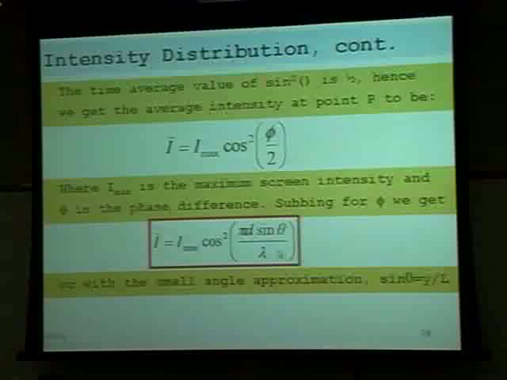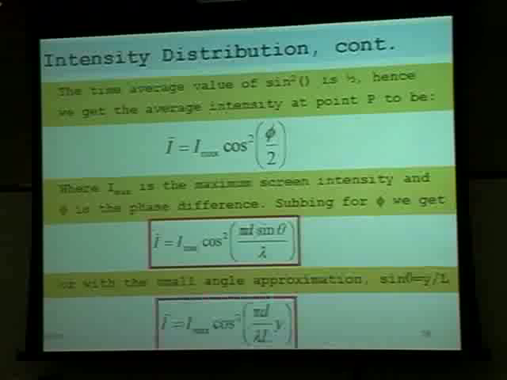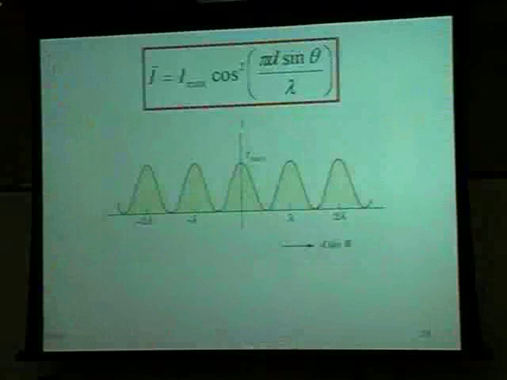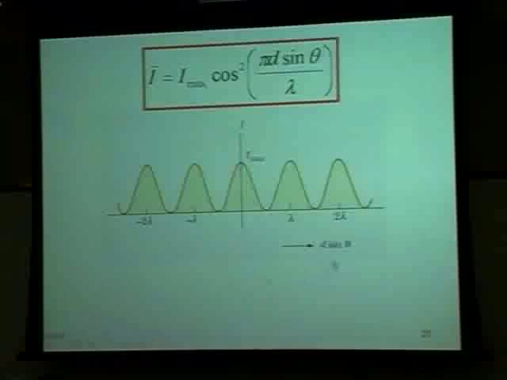Or if we use the fact that in the small angle approximation sine theta is equal to y over L, substitute that in, and we get average intensity equals maximum intensity cosine squared pi d over lambda L times y. So if you know these things, we can get the intensity distribution, and it might look something like this, as a function of d sine theta.